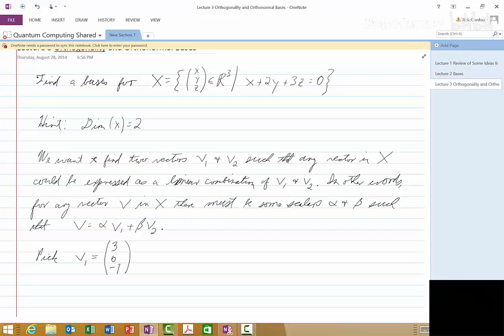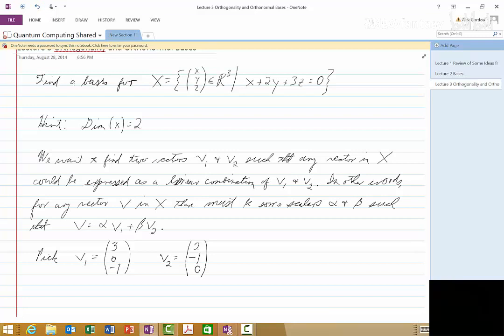Okay? So, keeping in the spirit of trying to make at least one of the components equal to 0, what we might do is say, well, let's pick v2 equal to (2, -1, 0). Notice that in v2, the z component is 0. And let me make sure you understand here exactly what I'm saying.